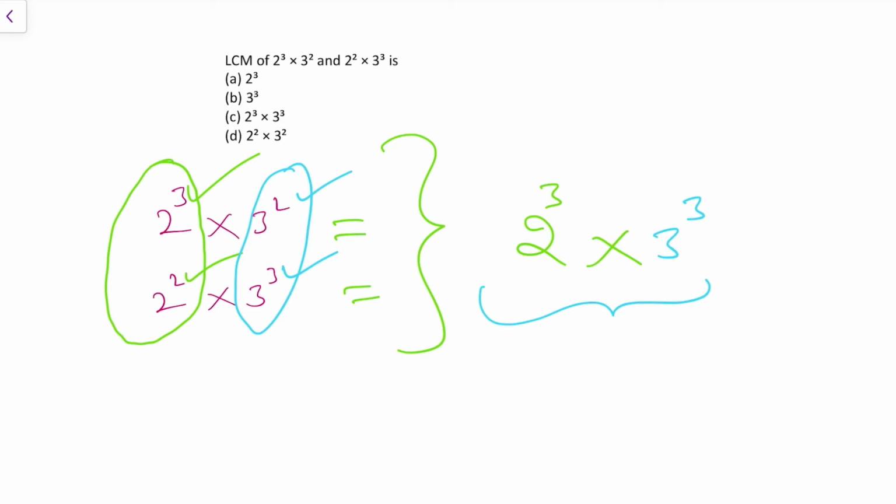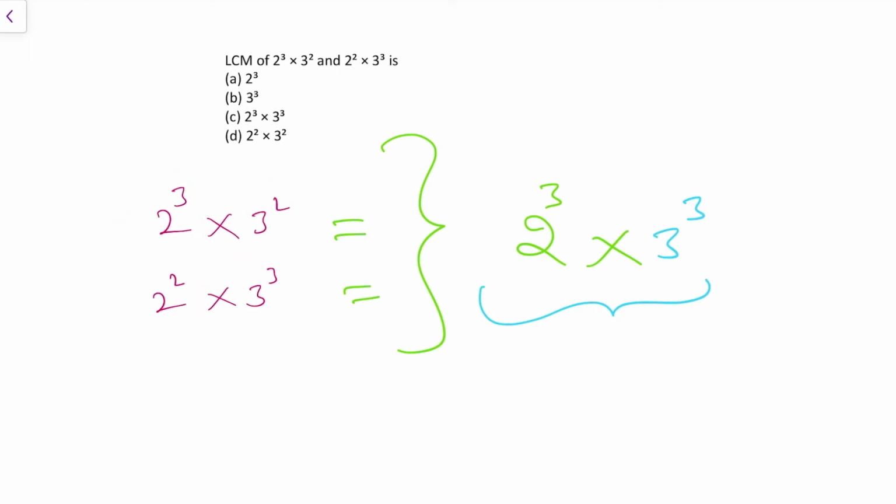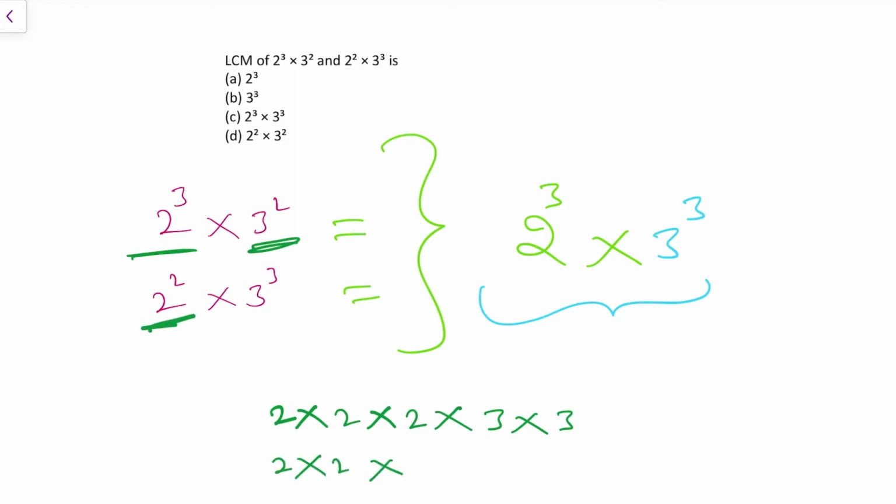Next, second method. What we will do is write the total expansion. What does it mean? Here 2 cube is there. So 2 cube can be written as 2 into 2 into 2, and 3 square can be written as 3 into 3. The same way, the second number 2 square can be written as 2 times 2, and 3 cube can be written as 3 into 3 into 3.